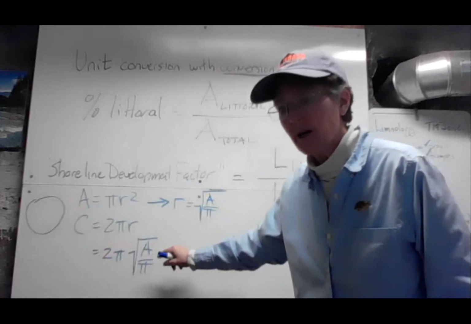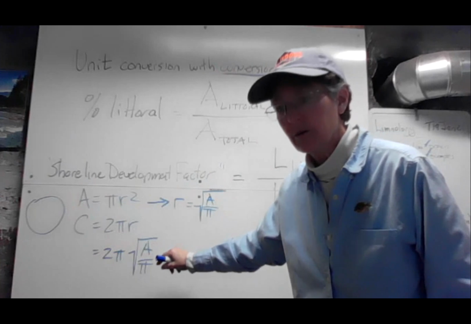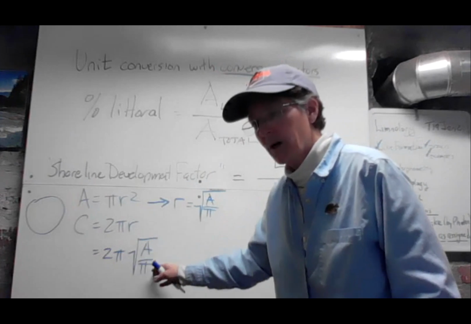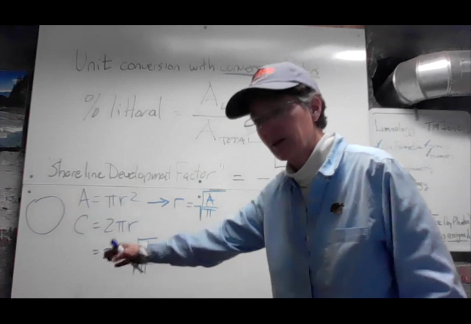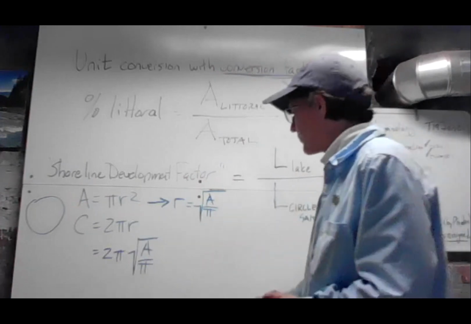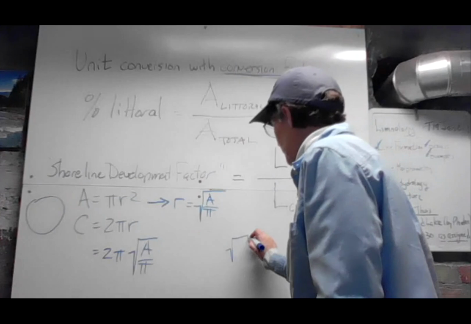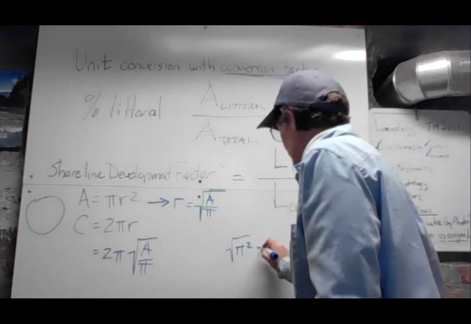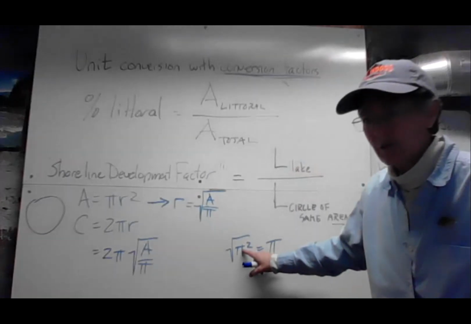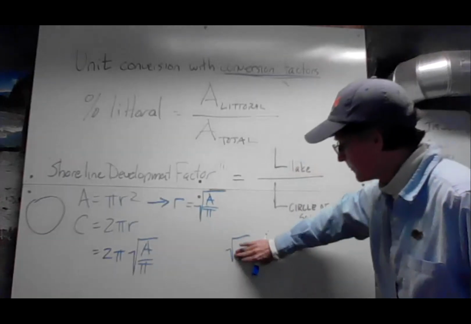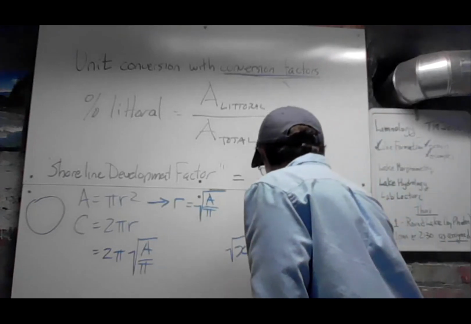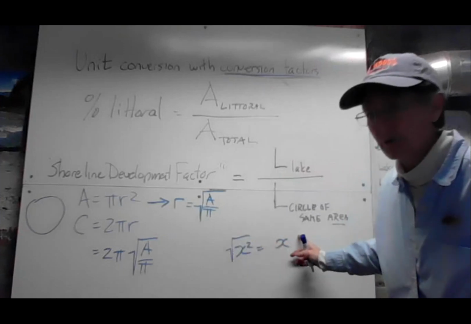Now we could simplify this a little bit farther, right? Because pi is inside the square root sign and outside the square root sign. So we can make this a little bit simpler. And what I'm going to remind you is that the square root of pi squared is equal to pi. If you've got x squared in here, the square root of x squared is equal to x.